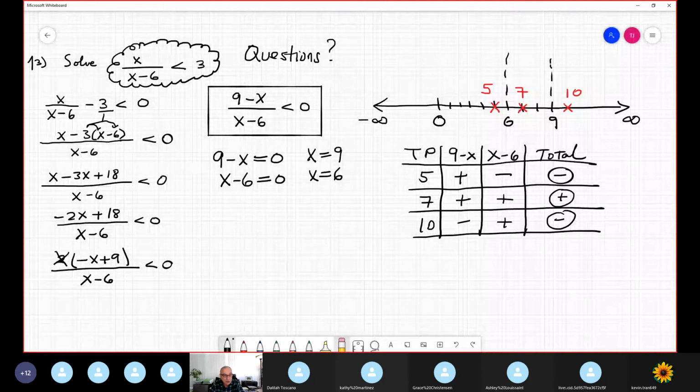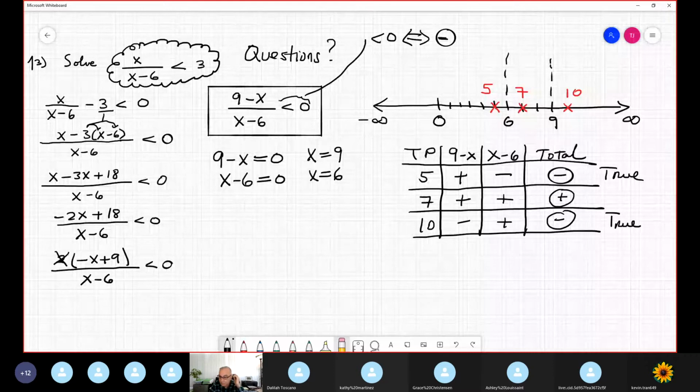But we come back to the beginning. Look, this sign is less than 0, and this is equivalent, a synonym, to say negative. So the true ones are this and this. So 5 passes the test, 10 passes the test, and 7 does not.